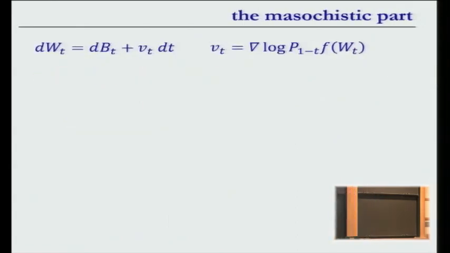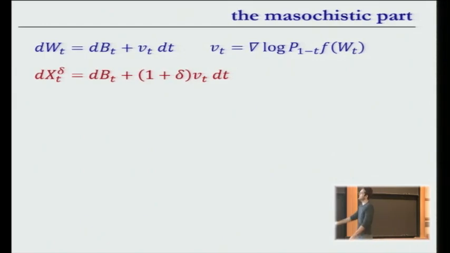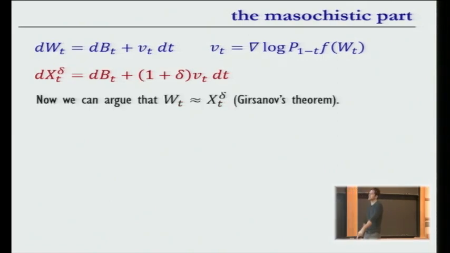So this is the new process we're going to use. This is the old process, and instead of just pushing it in the direction of the gradient at time 1, let's just at every point push it a little bit more in the direction of the gradient at that point in time. So given some delta, this is a new stochastic process, which is just a little more greedy than the original process. It goes a little more in the direction of the gradient.